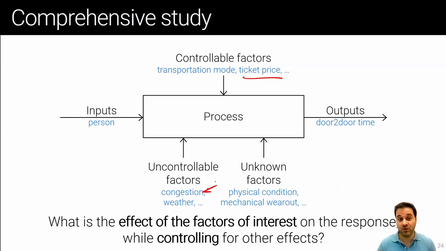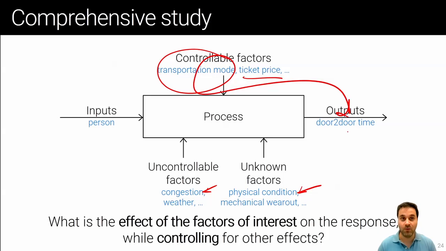Maybe they just prefer to take the bus. Unknown factors: maybe I don't take the bike because my physical condition is not so good. Or maybe the mechanical wear of the trains, and then we start having failures and it takes longer. If we could control for those things, we could have a more suitable answer to the question of what is the effect of the transportation mode on the door-to-door time. We have to control for those things.